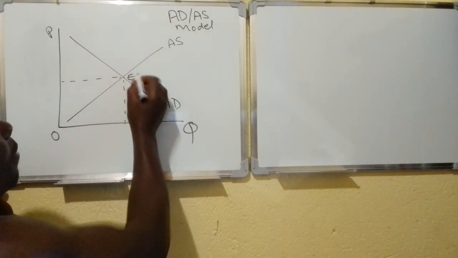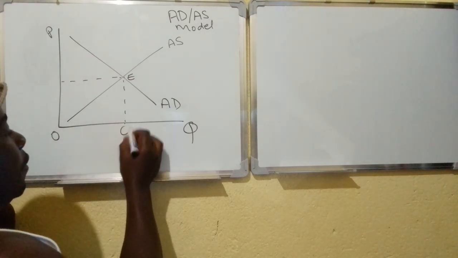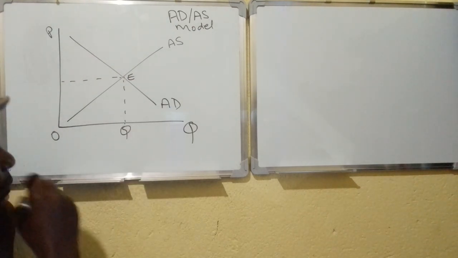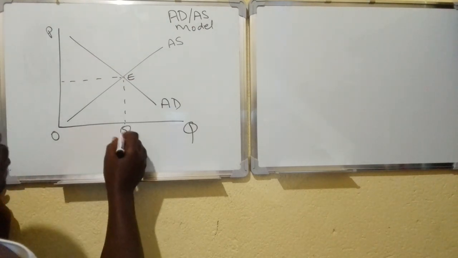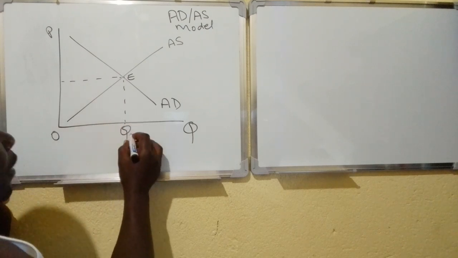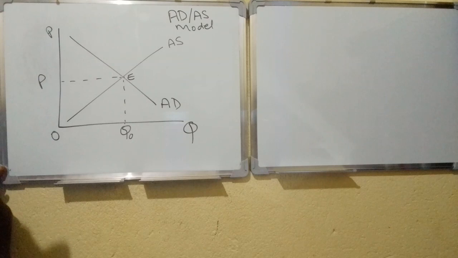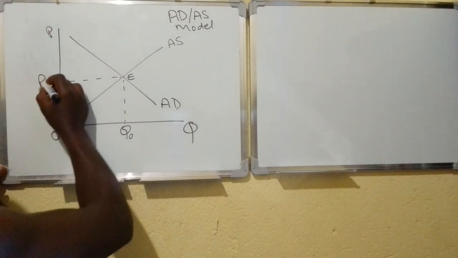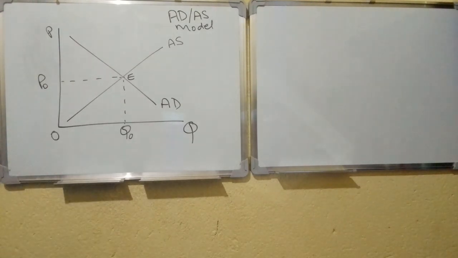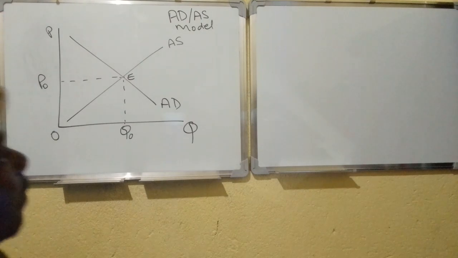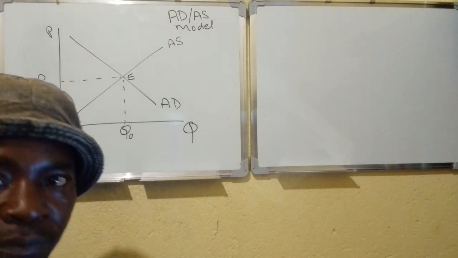This is the equilibrium in the economy. This is total goods demanded and supplied in the economy. I'm just going to say Q0. And then these are the price levels or inflation levels in the economy. I'm going to say P0. So this is our economy in terms of the ADAS model.